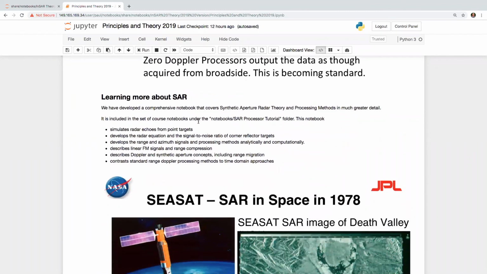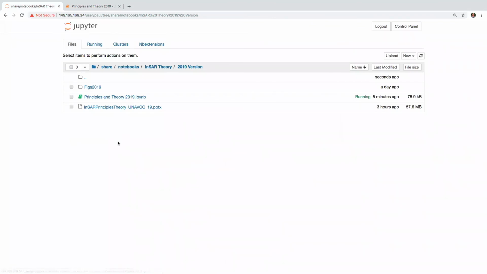All right, so as I mentioned, if you want to learn more about SAR, this is a very high-level thing, and I realize probably for some of you this is quite confusing. There is another notebook called the SAR Processor Tutorial. I'll go there just quickly.